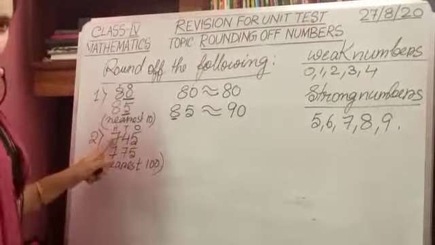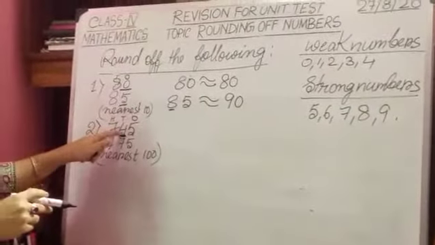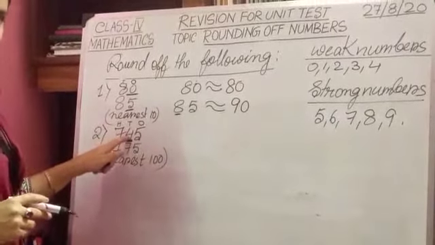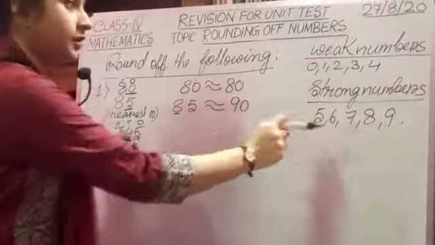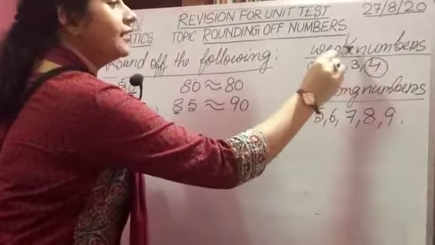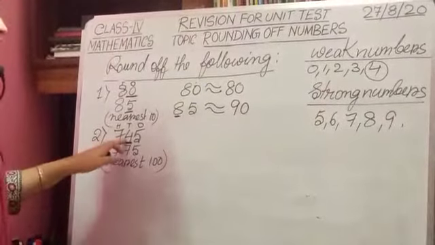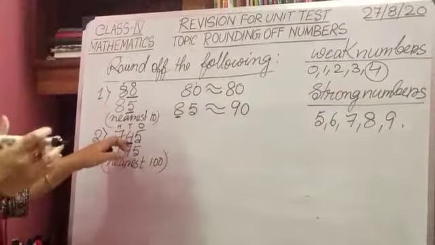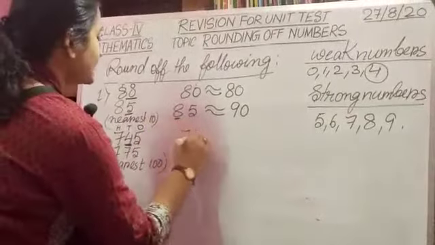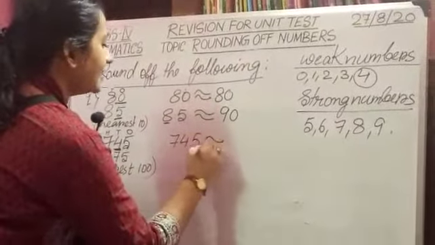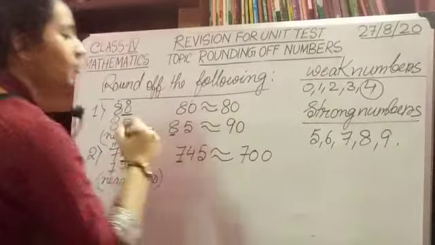So you have to consider the number in the tens column. See? The number in the tens column is 4. Is it a weak number or a strong number? 4 is here under weak number. So if it is a weak number, then we have to round off the number to the lesser 100. So 745 can be rounded off to 700 only.